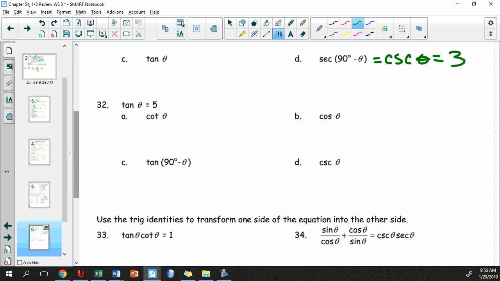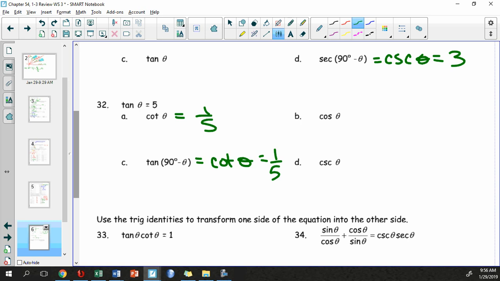If I know the tangent of theta is 5, what's the cotangent? 1/5. Letter C, the tangent of 90 minus theta is equal to the cotangent according to your formula sheet. So that's going to be equal to what? 1/5 again. I need to find cosine and cosecant.